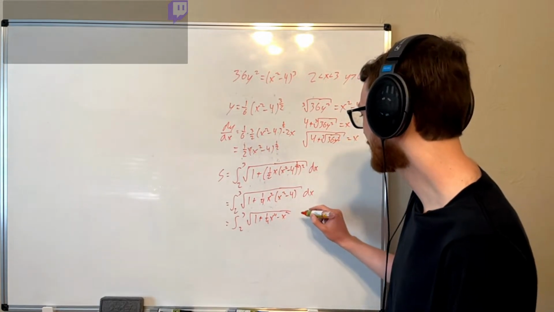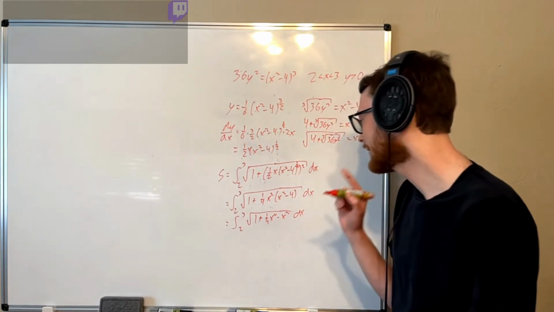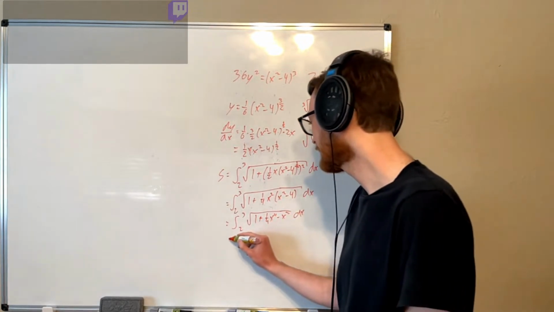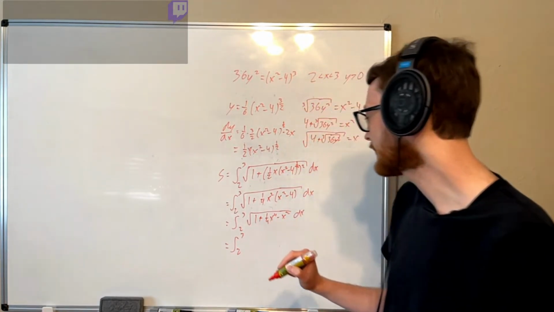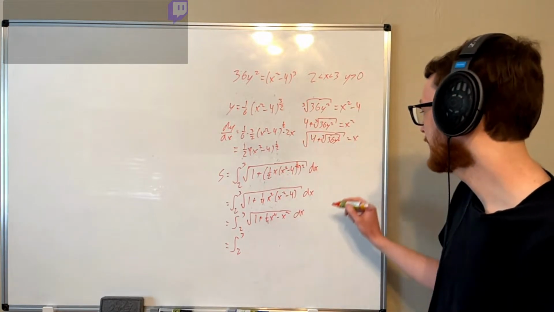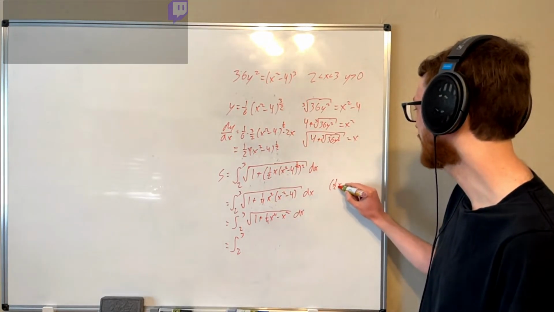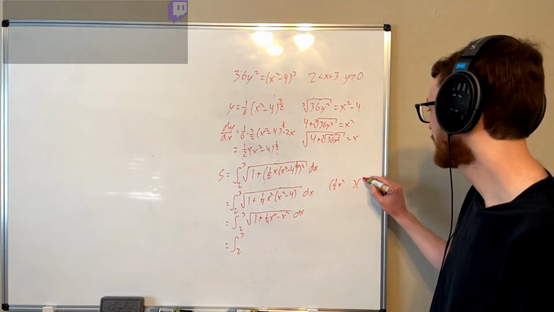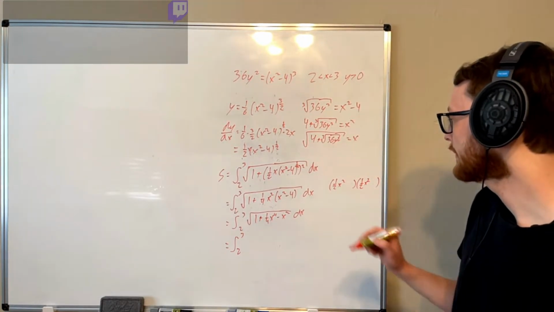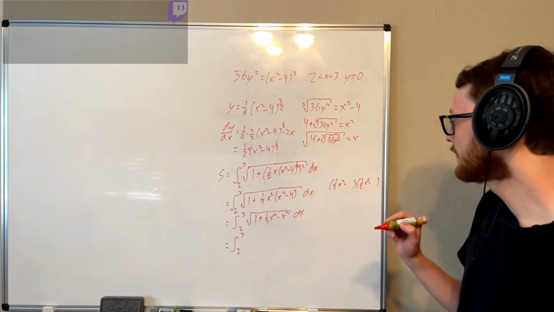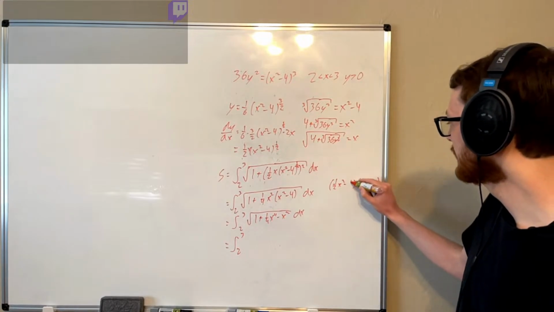Please tell me that's a perfect square. I would love it if that's a perfect square. It might be. How do we factor that? It's going to be like a 1/2 x squared, 1/2 x squared. We need minus signs in the middle. Is it going to be 1 and 1?